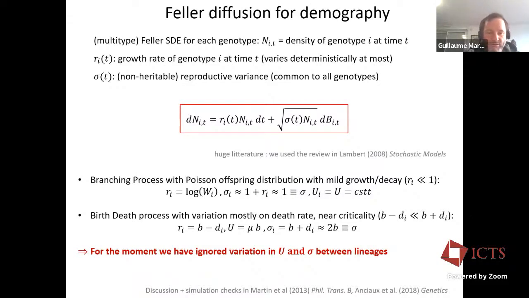There are several branching processes that can be approximated by this. One classic one used in stochastic rescue models is for discrete populations: a branching process where you assume the number of offspring from one individual over one generation is drawn from a Poisson distribution.